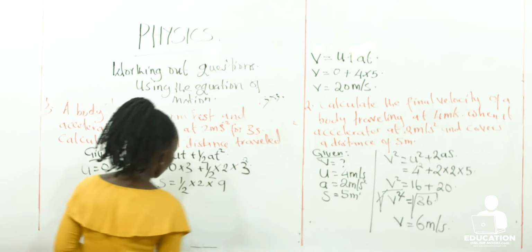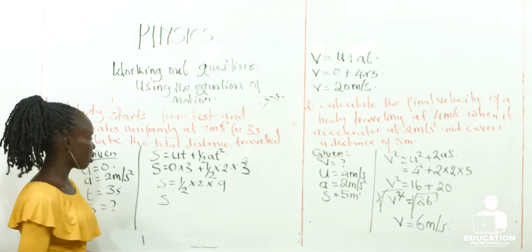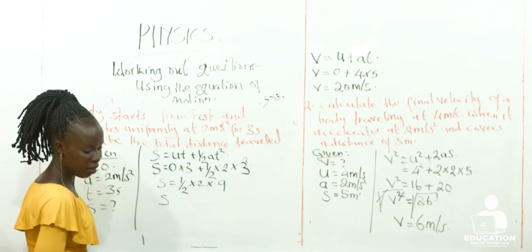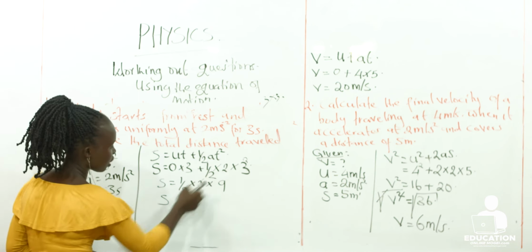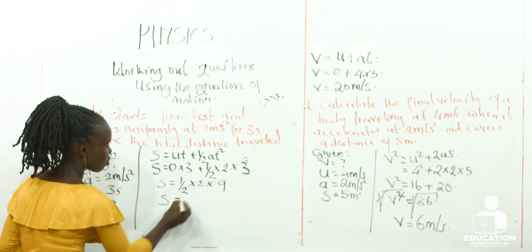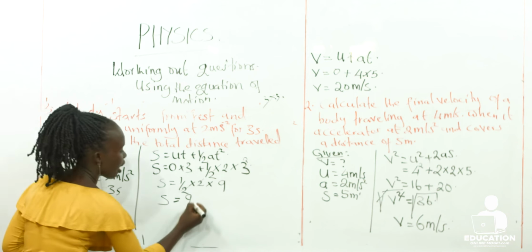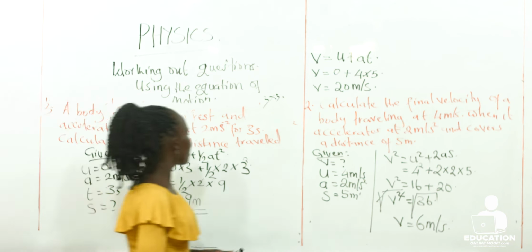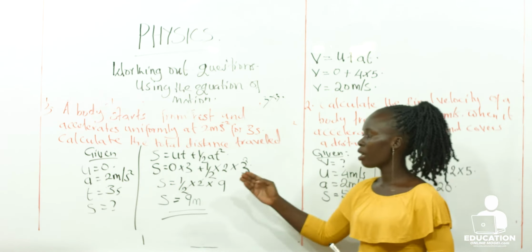Now, this 2 here, we can reduce our number by cancelling out the 2 there. This 2 will cancel with this 2 here. So that means that our distance covered was 9, because here we are only left with 9. So we shall have our 9 meters. So that means that the body traveled a total distance of 9 meters.